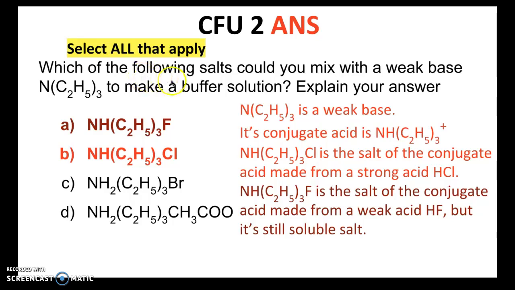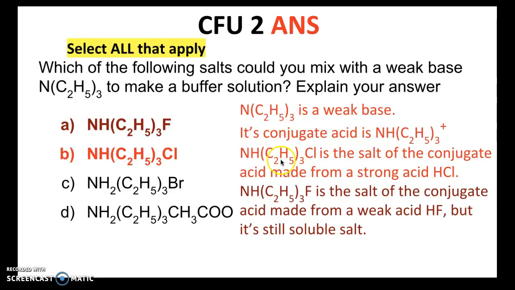Great, so the answer here is both A and B. Let's start with B because B is a lot easier to see. You know that triethylamine's conjugate acid will be NHC2H5 3, and so a salt of that would be choice B, and you can make that salt by mixing the triethylamine with hydrochloric acid.